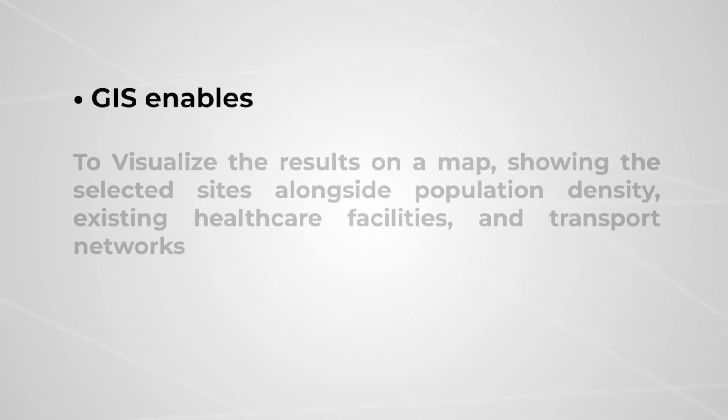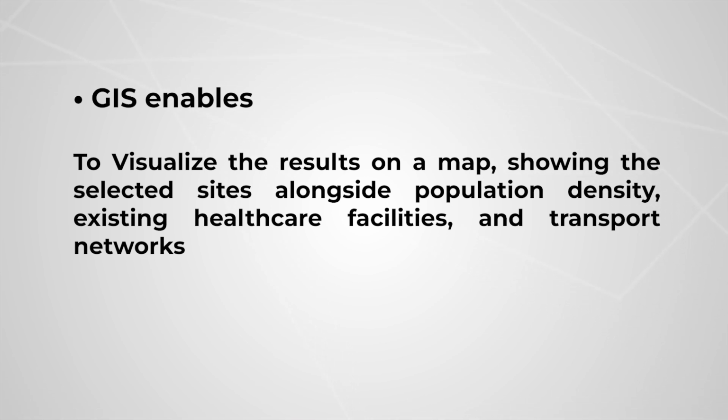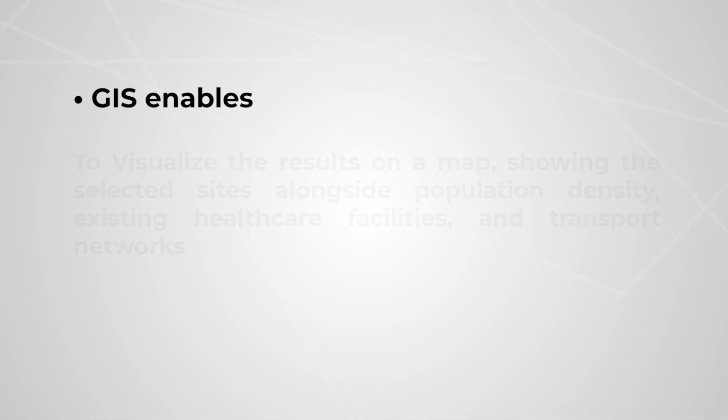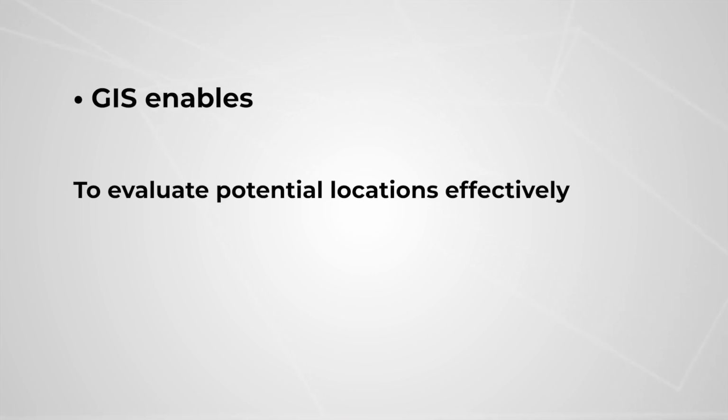And then finally, GIS enables you to visualize the results on a map, showing the selected sites alongside population density, existing healthcare facilities, and the transportation network. This allows the stakeholders to evaluate potential locations effectively.